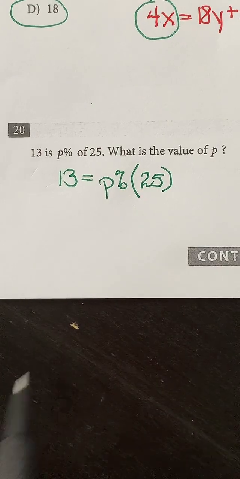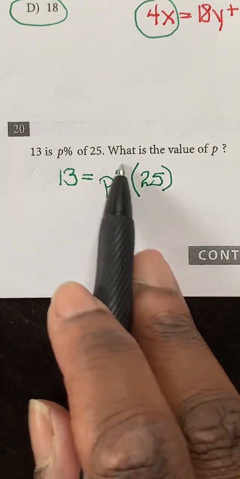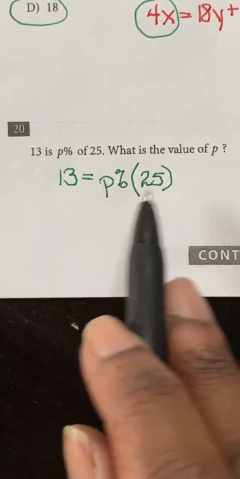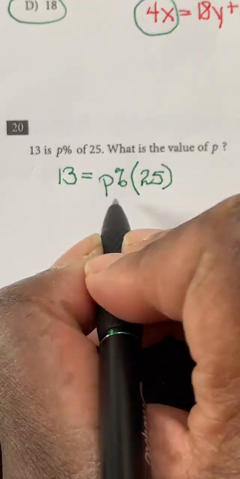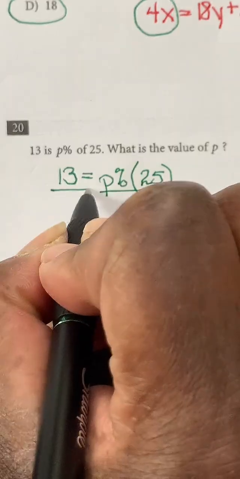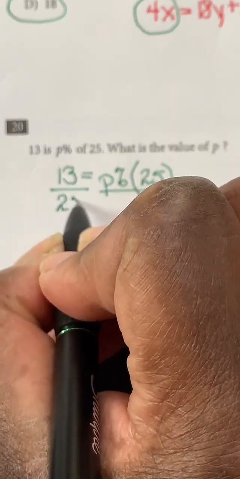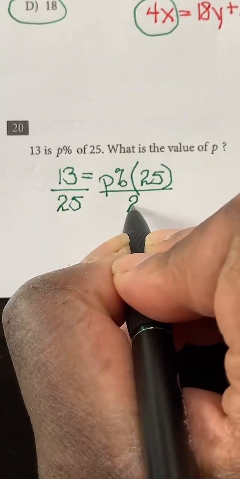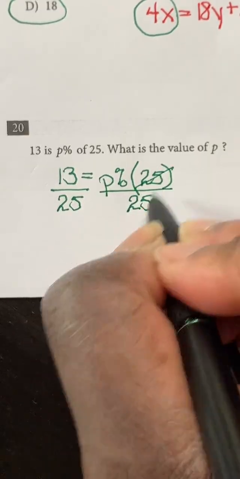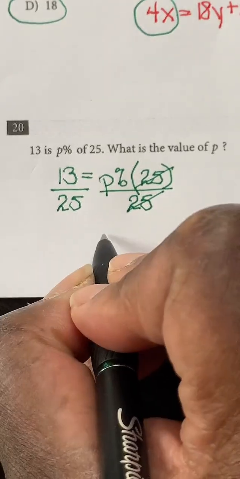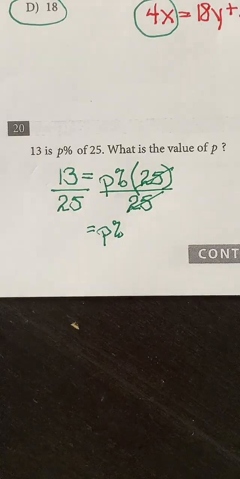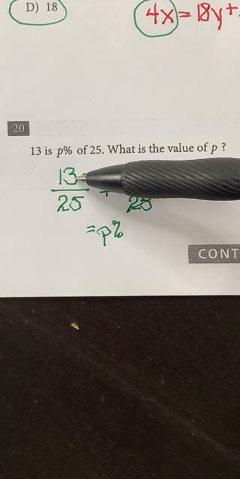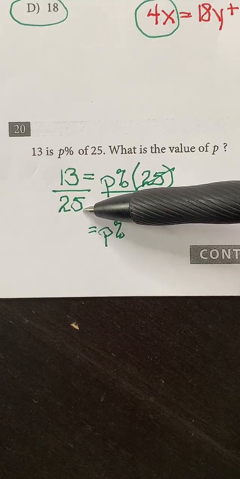Now I want to get P% by itself. This is multiplication, and the inverse of multiplication is division. So we're going to divide by 25 on both sides. Now we have our P%. So you have to do 13 divided by 25.